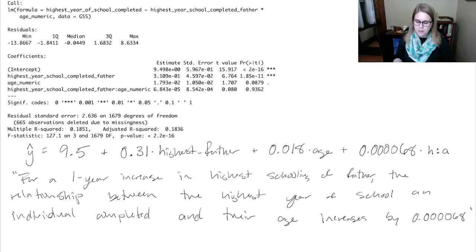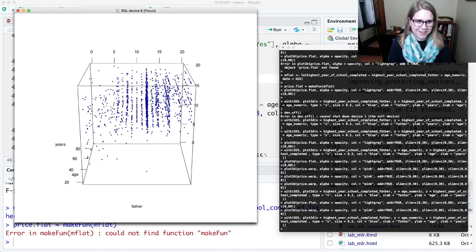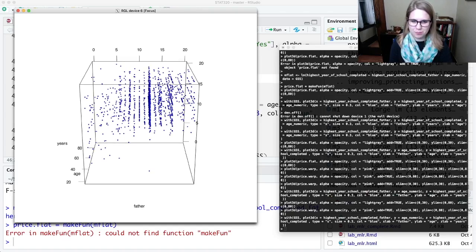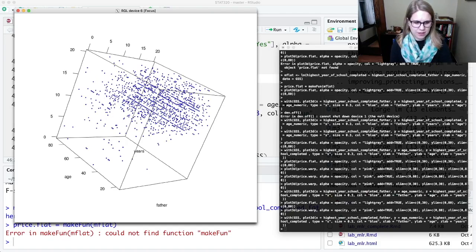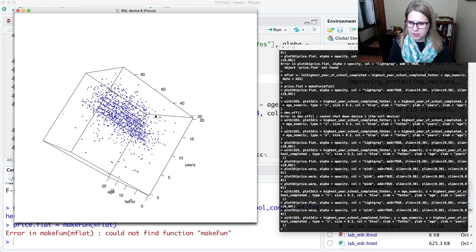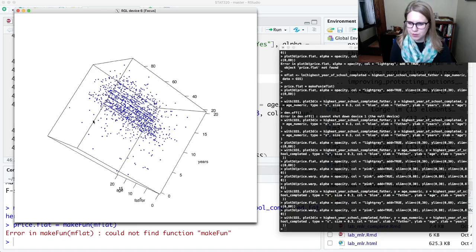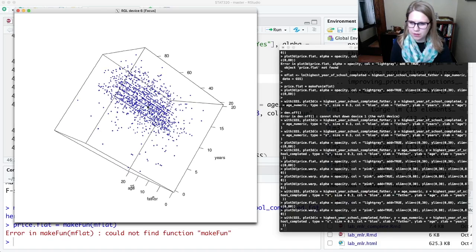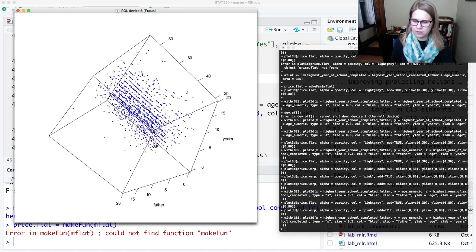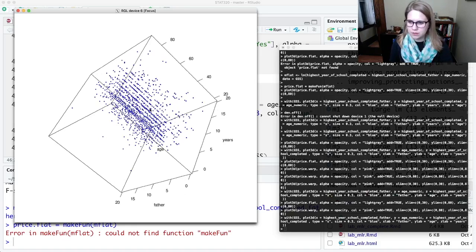I'm going to swap back to the iPad now and see if I can show you that warped plane in 3D. All right, this is pretty unsatisfying because the scale of the data is such that it's really hard to see the warping in that plane. Wow, this is really rotating.